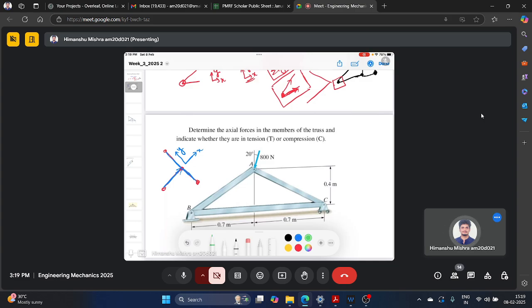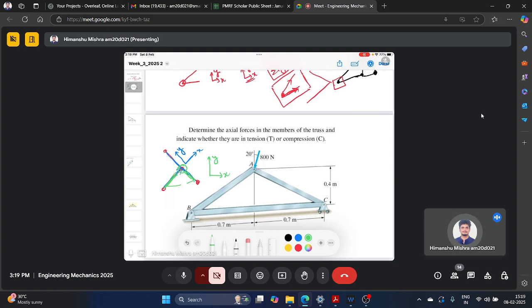For example, if you use this coordinate system here to evaluate the forces at this joint, then what happens, you need to take the component of these forces, this and this force. You need to consider the x and y components of these forces. So it will become more involved in mathematics.